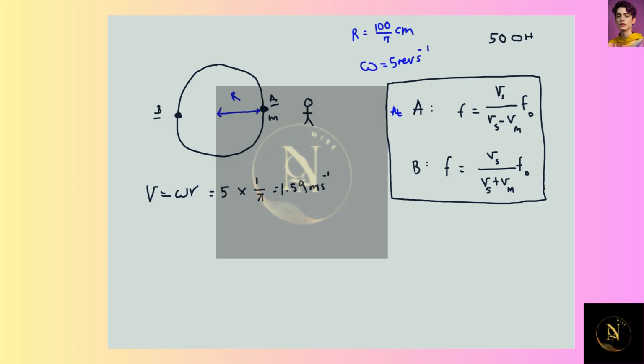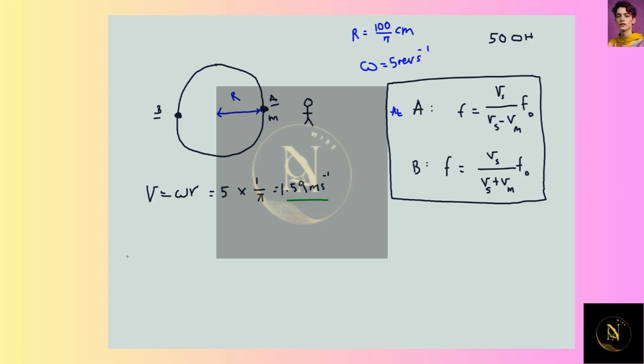So now that we've got this, we can work out the frequency at the point A and the point B from these two expressions. You can see in A, you simply subtract the velocity of the speaker from the velocity of sound, whereas in B, you add them up on the bottom.